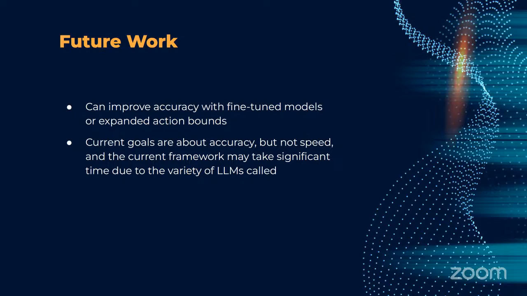Before the first action is called, there are at least 4 calls to LLMs. And because multimodal LLMs are a new technology that are still quite slow, the current framework can take a significant amount of time.